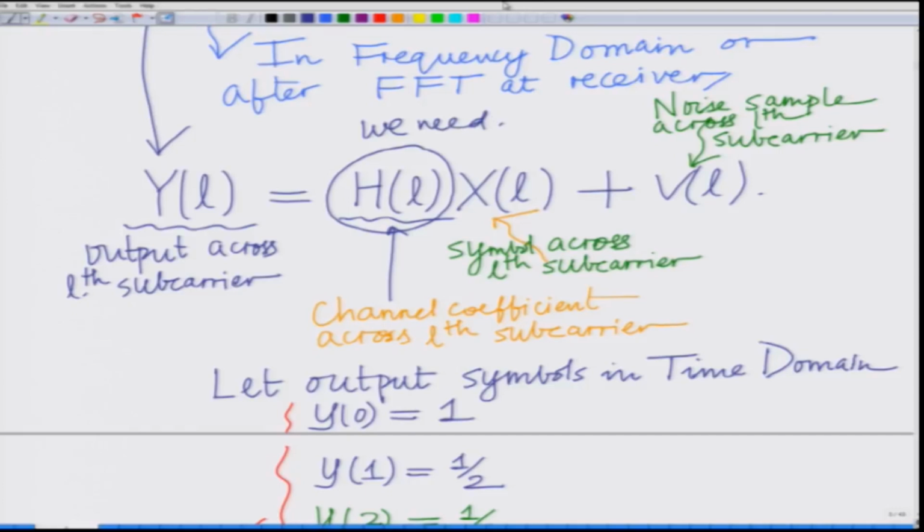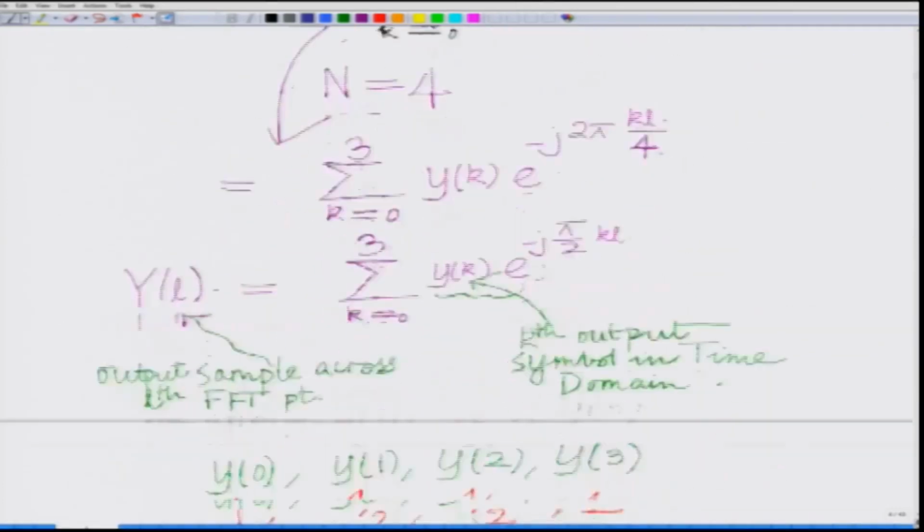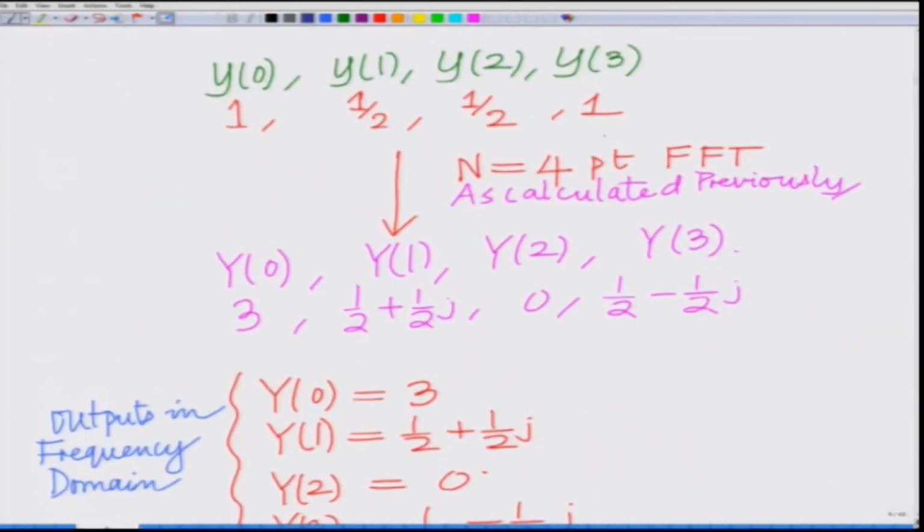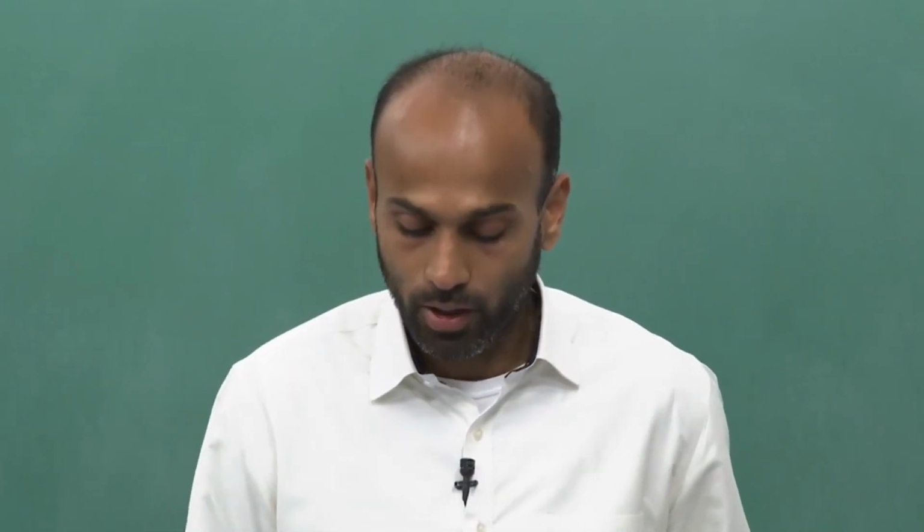these HLs. What are these capital HLs? If you remember, the capital HLs are the channel coefficients across the various subcarriers, and these are calculated by the 0 padded FFT of the channel taps in the time domain. I would like to remind you of that.